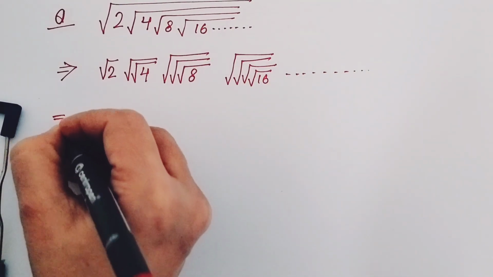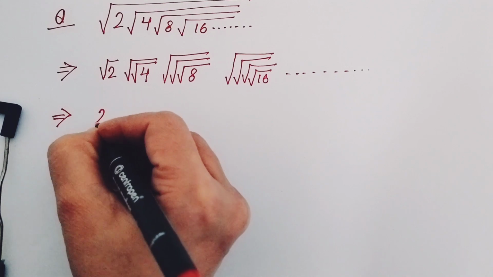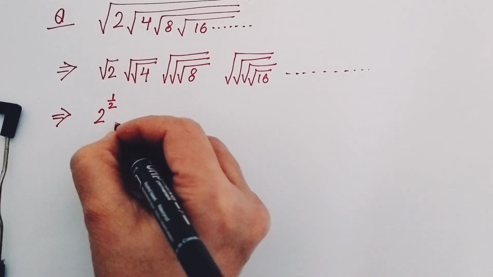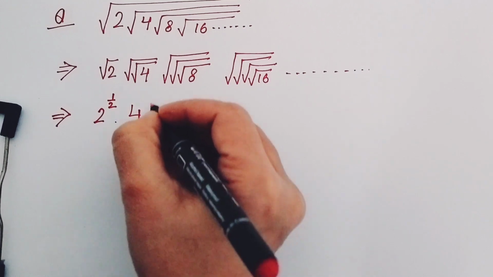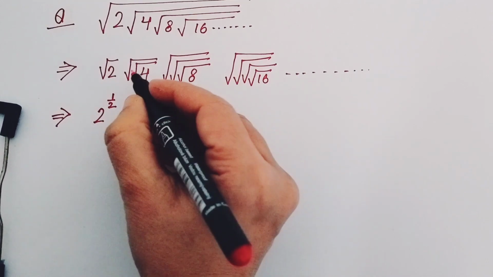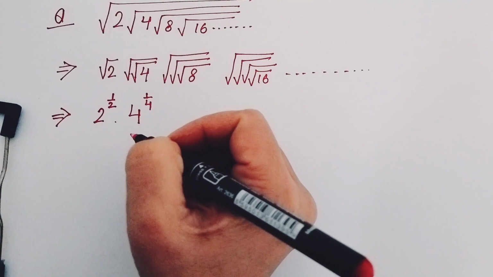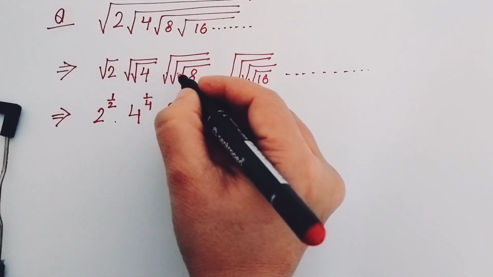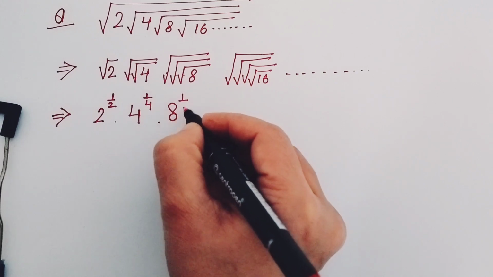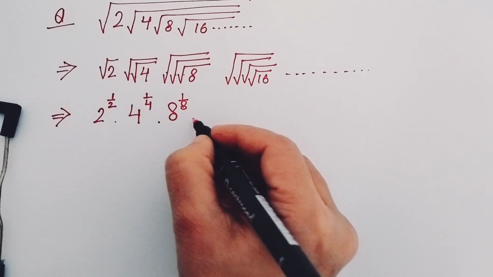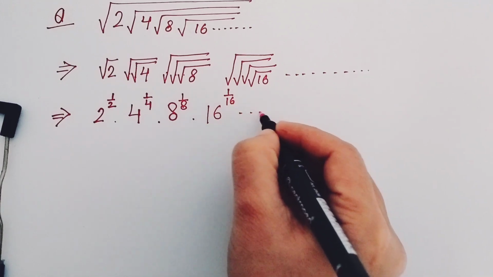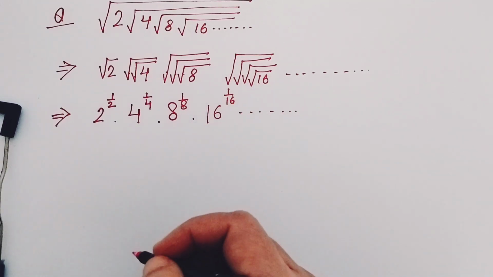Okay, this implies we have 2 raised to power 1 by 2 into 4 raised to power 1 by 4, 8 raised to power 1 by 8, 16 raised to power 1 by 16 and up to so on.